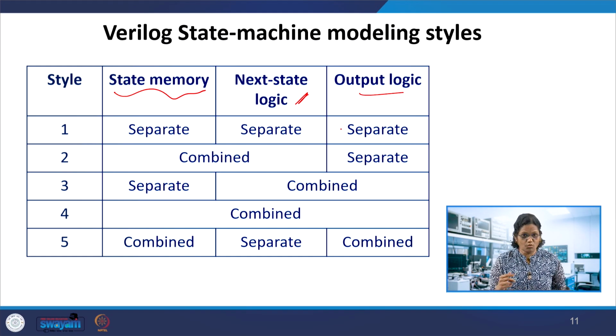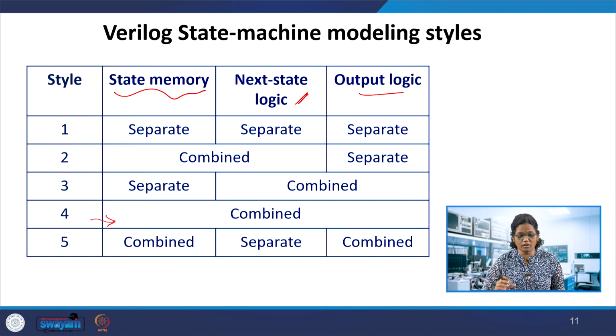That means in one module we can have three always blocks: state memory, next state logic and output logic. Or we can combine all of them. In style 4 we combine all of them in only one always block.